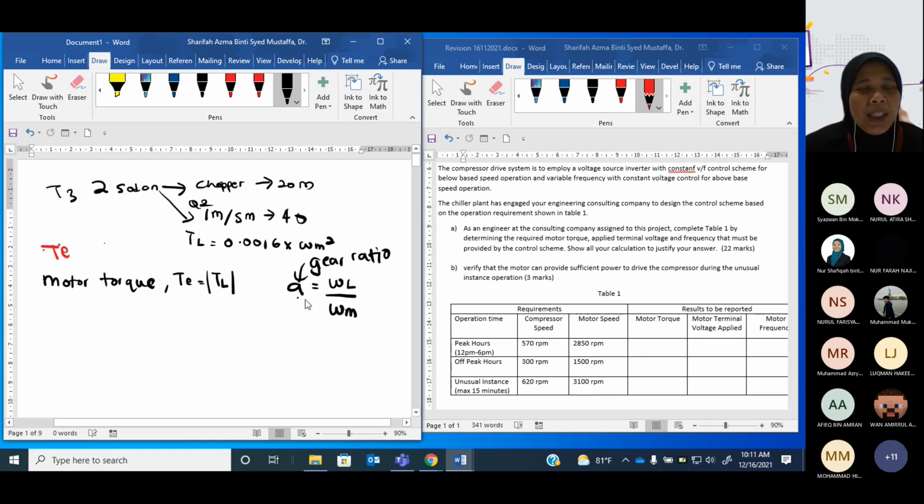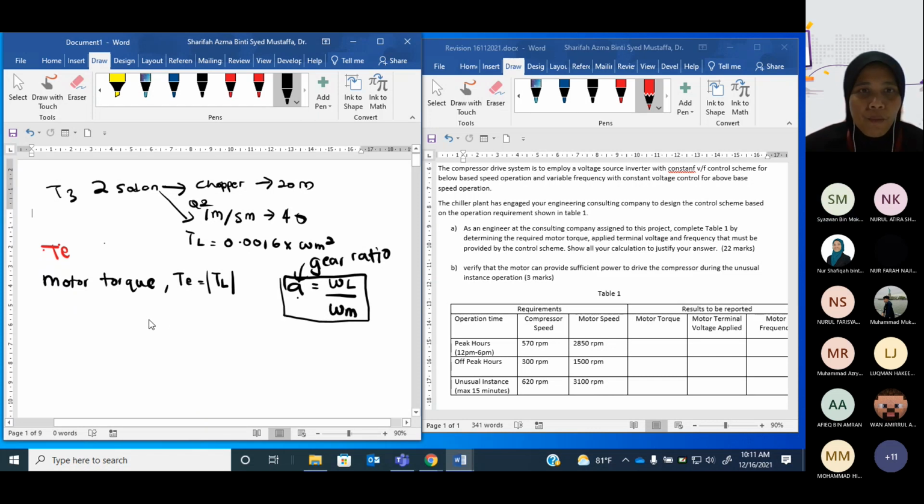So untuk A ni is redundant and you don't have to use it for this question. But if in any other question, A is given and only the compressor speed or the load speed is given, you must use the gear ratio to find the motor speed. Because this is the relation of the motor speed and the load speed. Boleh ke? Boleh.